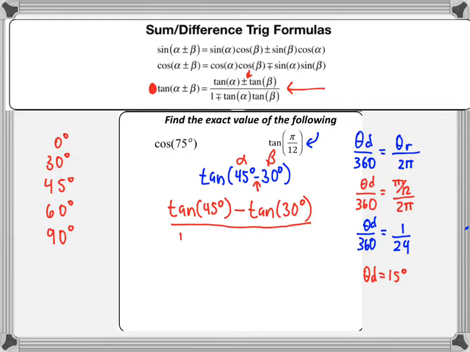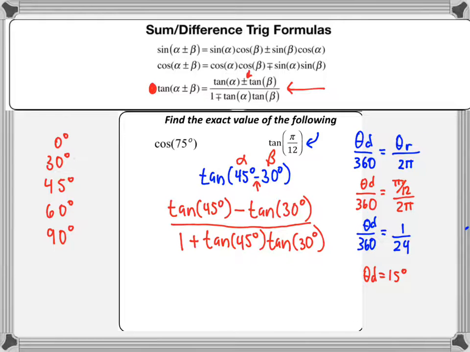Over 1, and since that's a minus sign, this is the opposite relation, so that's going to be a plus. So we have plus tangent of 45 degrees times the tangent of 30 degrees. I'm just going to do it out like this to make it less confusing.